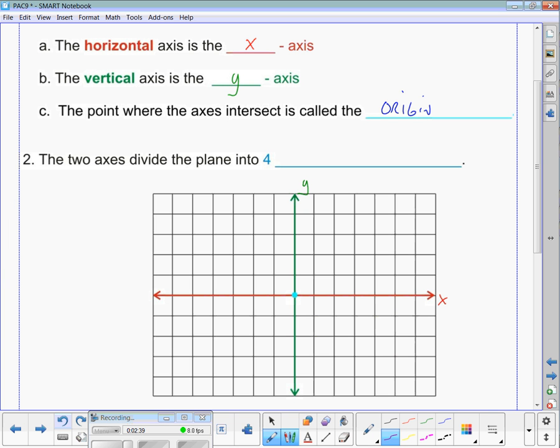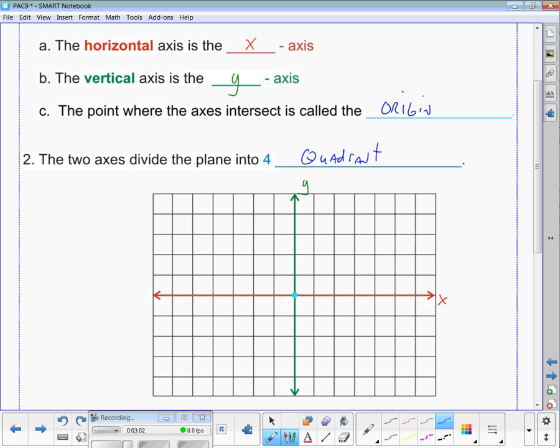Hopefully you think of the word quadrilateral, quad meaning four. So this is divided into four quadrants. If you play any type of military games, they always talk about quadrants. It is important that you understand which quadrant is which. There are four of them, and they're labeled 1 through 4.